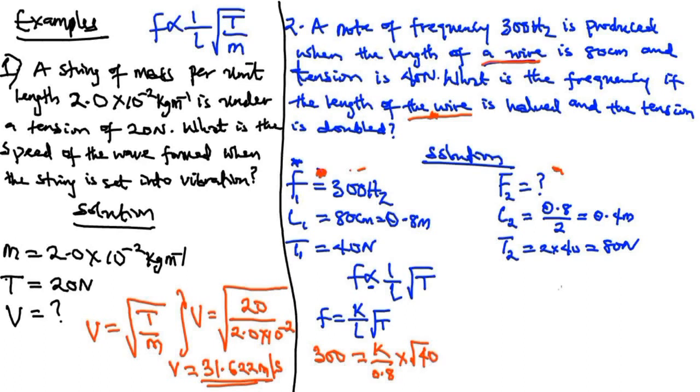300 equals K over 0.8 times the square root of 40. Okay, so if we continue with that, I am going to have 300 is equal to... no, not that.